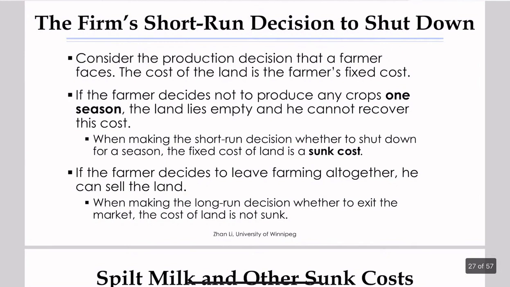Okay, so let's look at this very simple example. Let's consider the decision of a farmer, right? In this case, what is this farmer's fixed cost? Well, it's the land cost, right?